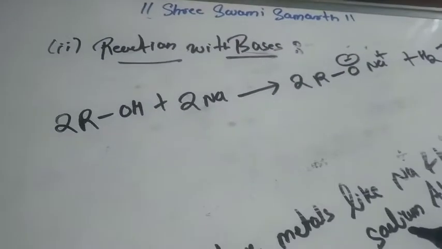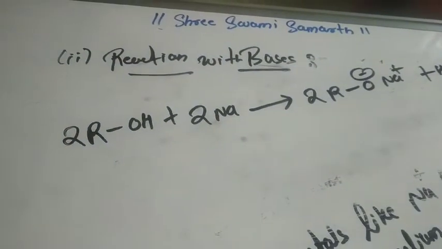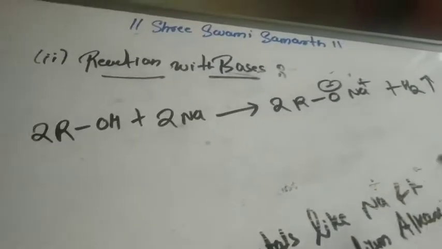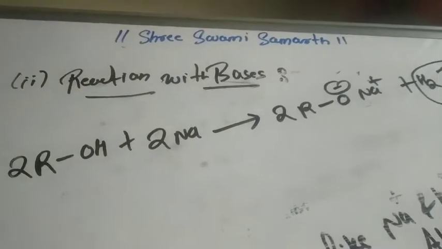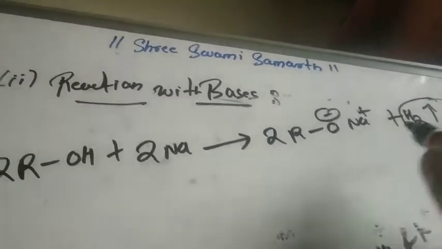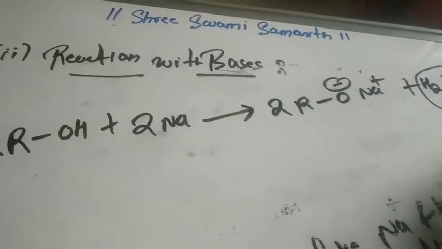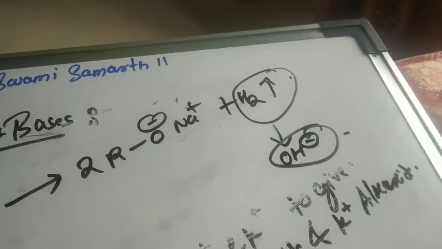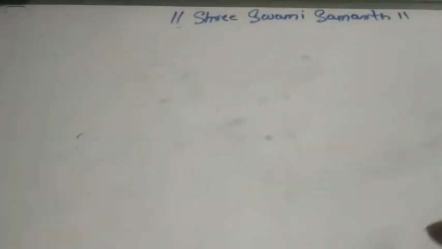Hydrogen is given out, right? So this is the reaction with active metals like sodium and potassium. The liberation of this H2 gas is used to detect the presence of a hydroxyl OH group.